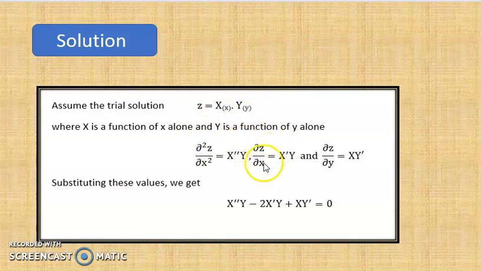So first we consider dou z by dou x. That is, we have to differentiate z partially with respect to x. Then Y is a constant since capital Y is a function of small y alone.